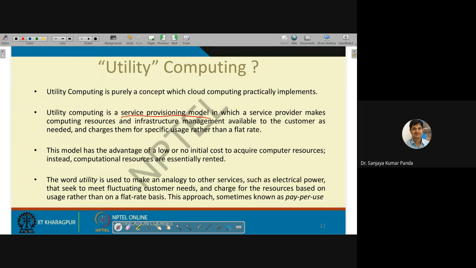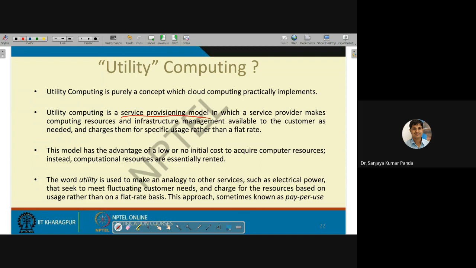They will say you can use unlimited internet, and the flat rate is, let's say, 1000 INR. It is a flat rate. It is already mentioned. You can use as much as possible, but you have to pay 1000 rupees per month. Or they have another scheme.